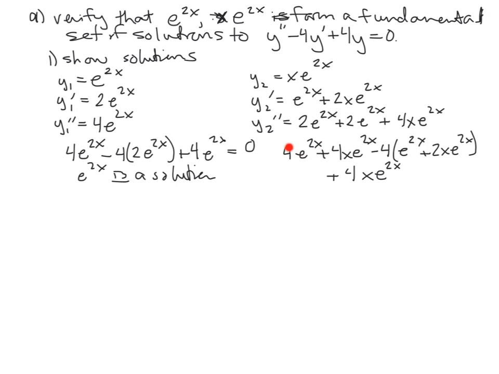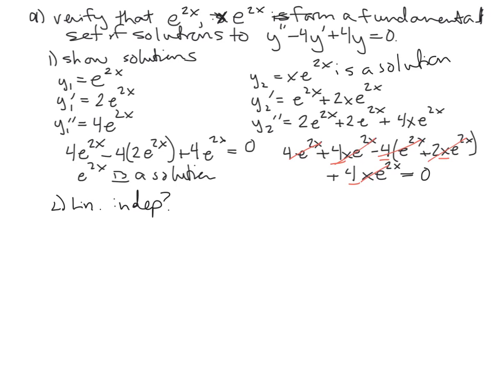We have a 4e to the 2x and a minus 4e to the 2x, so those will cancel. Then we've got a minus 8x e to the 2x and a 4 and a 4. So yes, all of those cancel, and sure enough we get 0. So that means that x e to the 2x is a solution. So both are solutions, and then we have to see if they are linearly independent.